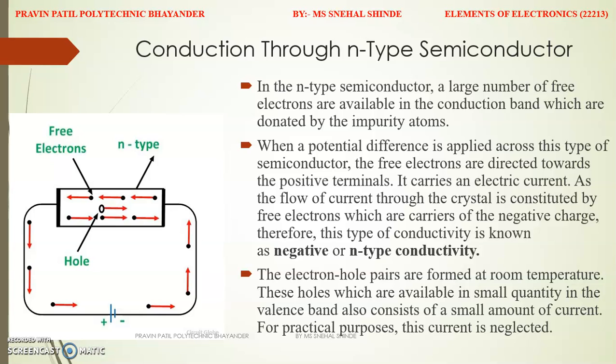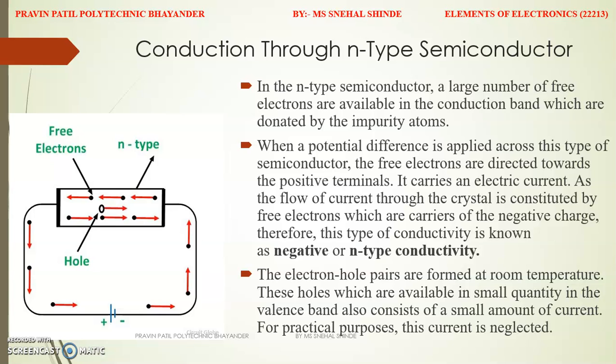As the flow of the current through the crystal is constituted by free electrons, which are carriers of the negative charge, therefore, this type of conductivity is known as negative or N-type conductivity.